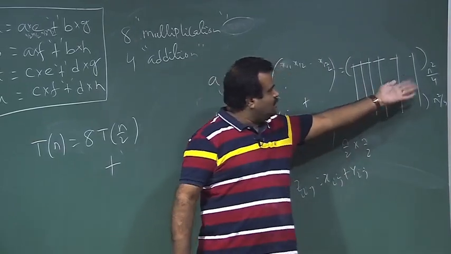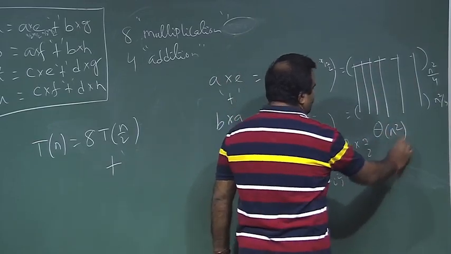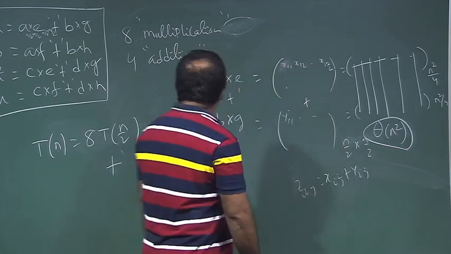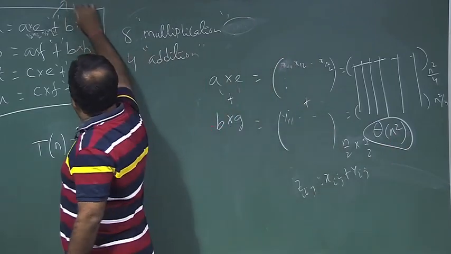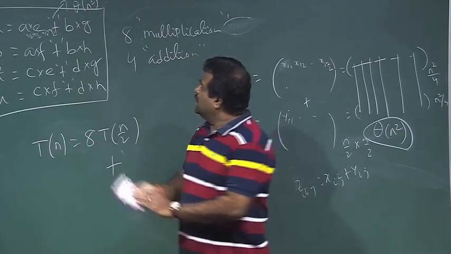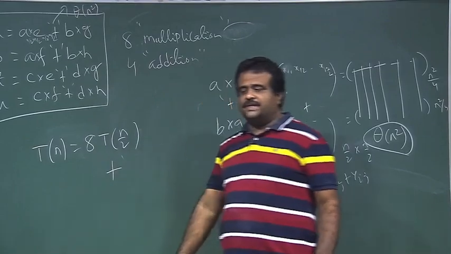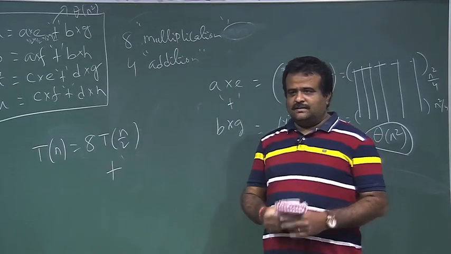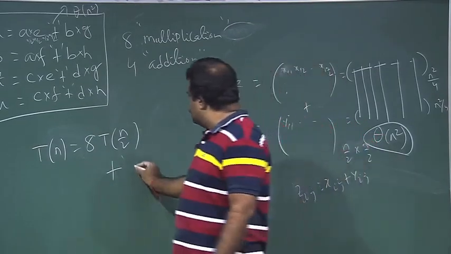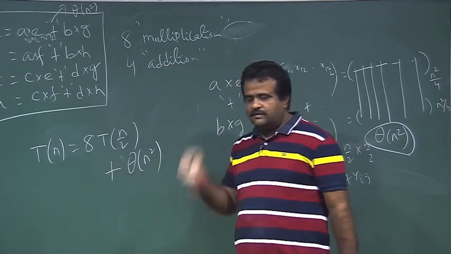We have n square by 4 additions, so this addition will take order of n square. We have 4 such additions, so this will take order of n square.